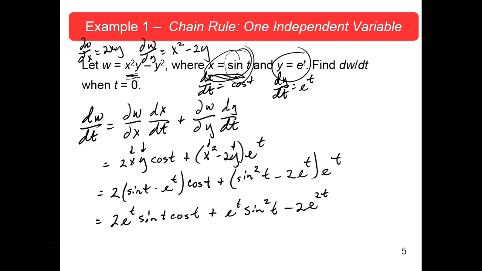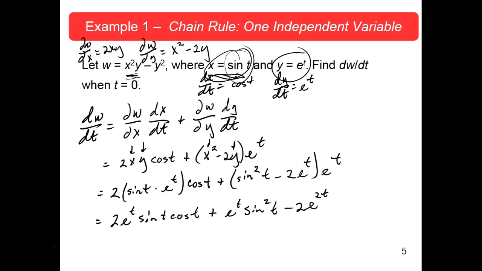Now, there is one thing you can do to make it a little simpler. I put the e to the t in front here because when you put it after, it gets confusing whether that's part of the argument or not.